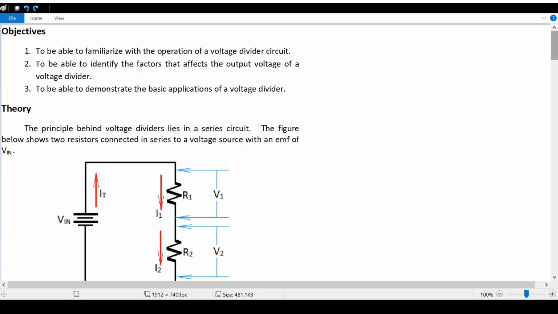The objectives of this experiment: number one is to be able to familiarize with the operation of the voltage divider, and identify the factors that affect the output of a voltage divider, to be able to demonstrate the basic applications of a voltage divider.